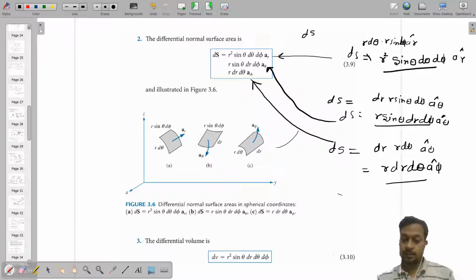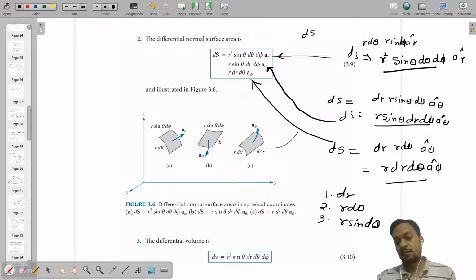In the spherical coordinate system, we have three types of differential length. One is the linear length dr, and the other two are curvilinear lengths. We have first the differential length dr. The other two are curvilinear. The first one is r d theta, and the second one is r sin theta d phi. Now the volume integral can be written as dv.